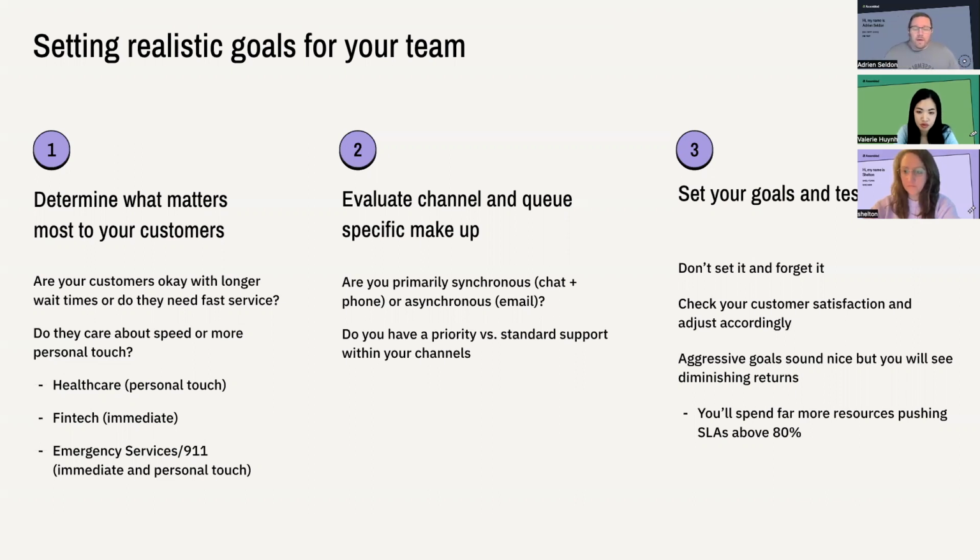So you want to have your SLA goals set separately there. Obviously, for email, you don't want to have something like 80% of your emails get a response in 40 seconds or less. That makes no sense. Might as well have a live channel then. But for your live channels, you obviously can't say we're going to get our first response in 2 hours, because that only works for the asynchronous channels, like email or even social.